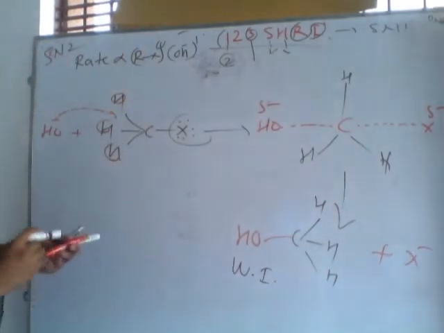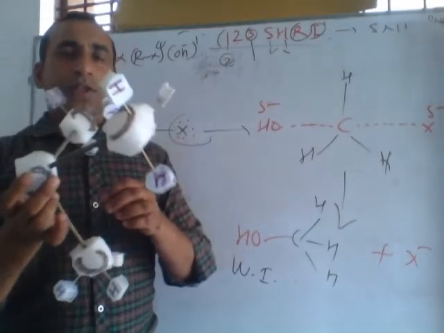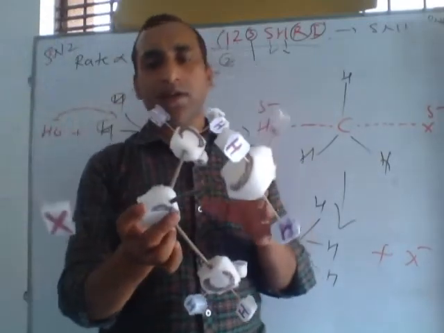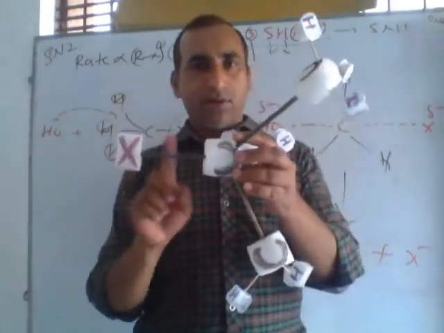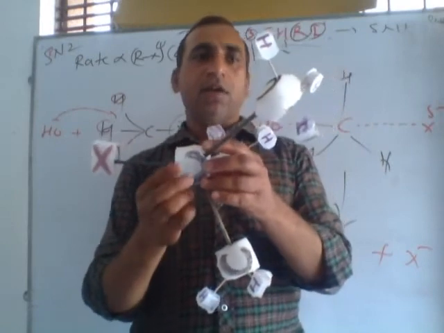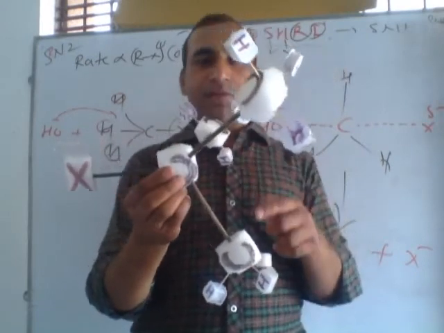We can understand this reaction with the help of a ball and stick model. Observe. Listen. Suppose this is RX, in which this is the halogen and this is the carbon. To this carbon, 3 different carbons are connected.